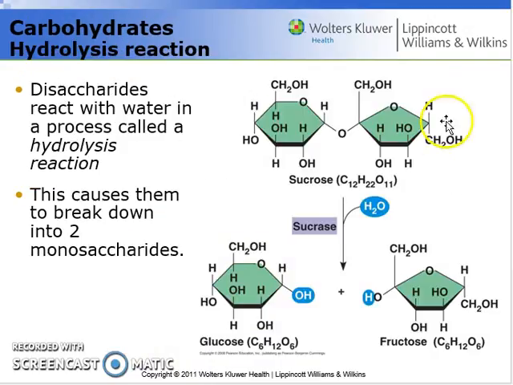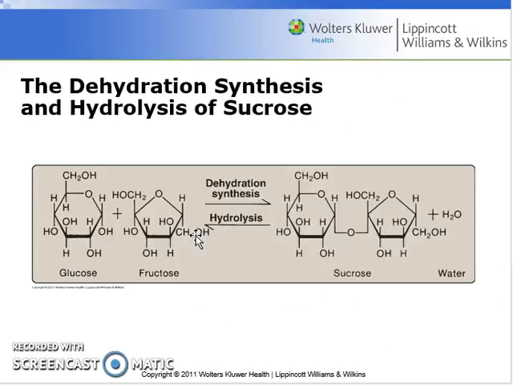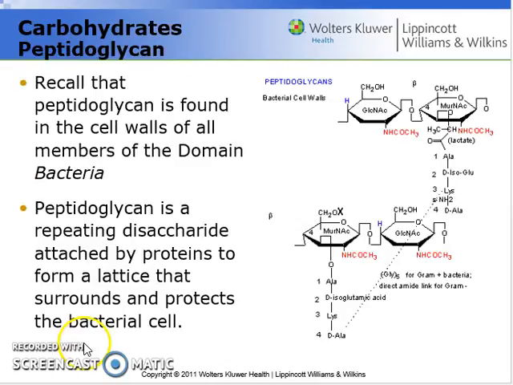To destroy molecules, we use the process of hydrolysis, which is assisted by the use of enzymes. Okay, and then here's a schematic that outlines that for you. So again, we have dehydration synthesis, where you have the production of larger molecules. With hydrolysis, you have the destruction or breaking apart of larger molecules.